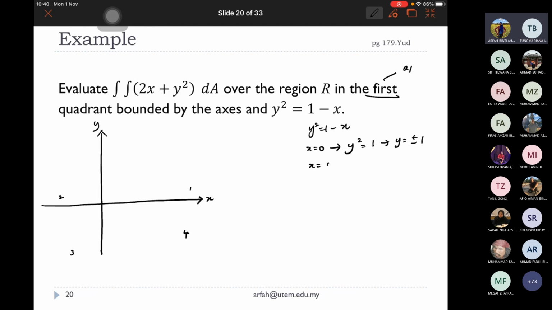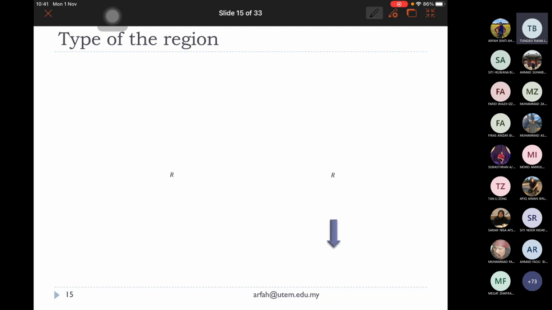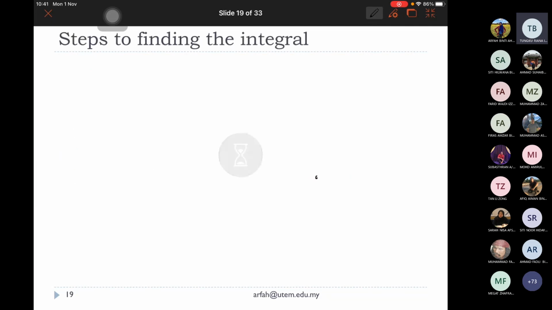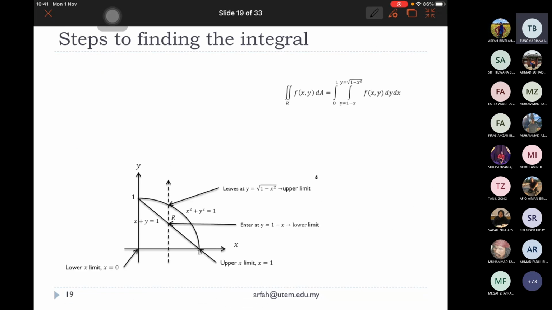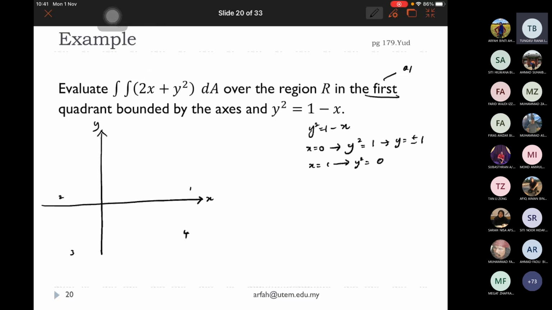Then bila X sama dengan 1, Y kuasa 2 akan sama dengan kosong. Okay. Then bila Y sama dengan kosong, okay, X sama dengan 1.